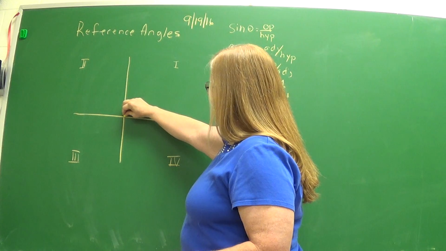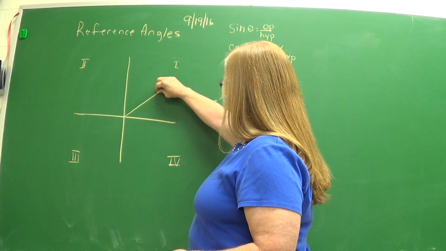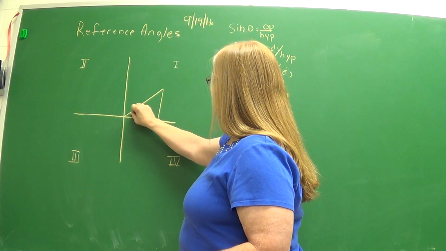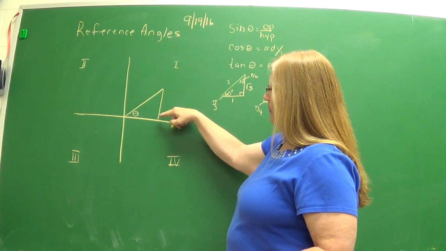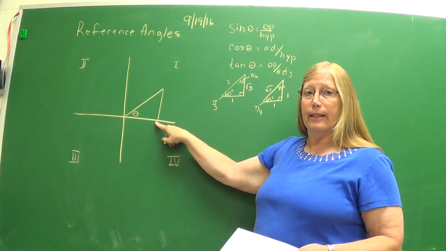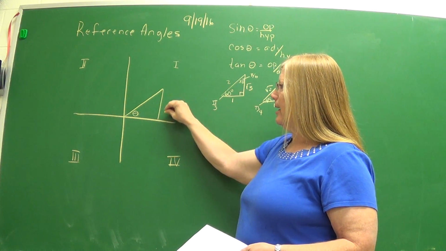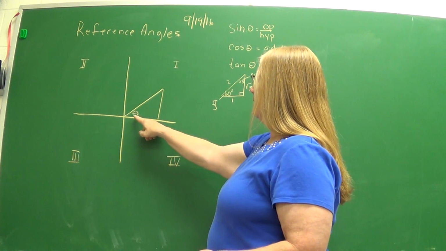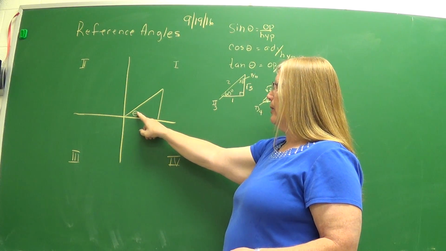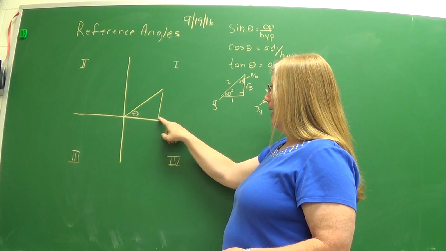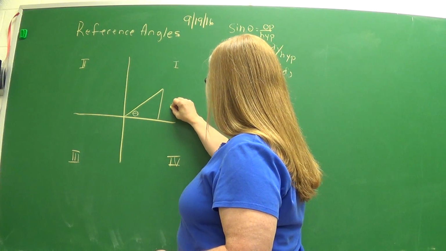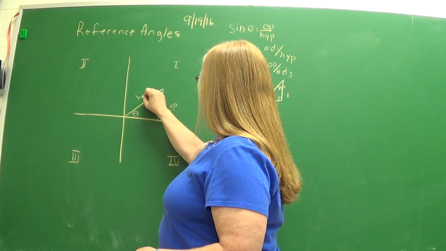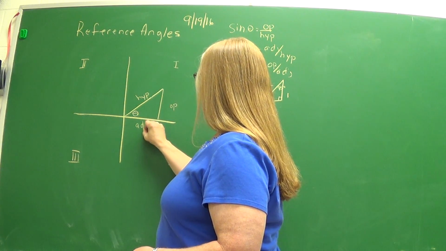The hypotenuse of the triangle will come out of the origin, and the side opposite the angle made is going to be made by connecting to the x-axis. So we're always going to make side opposite by connecting to the x-axis. From the perspective of this angle, this is side opposite, this is side hypotenuse, and this is side adjacent.